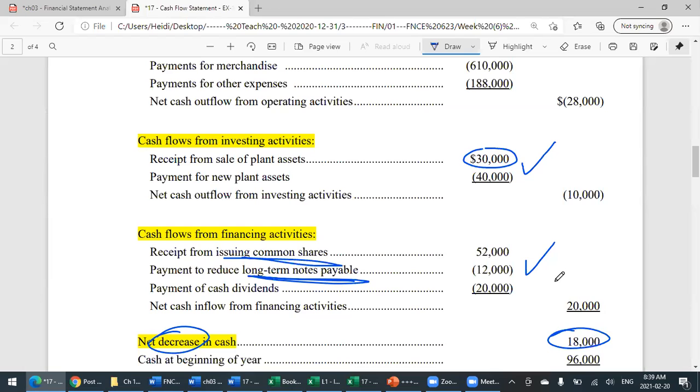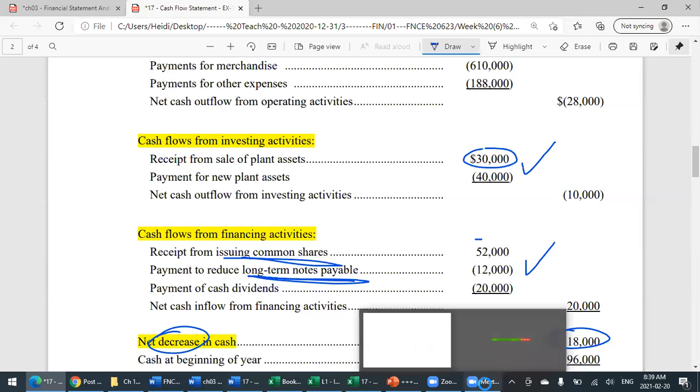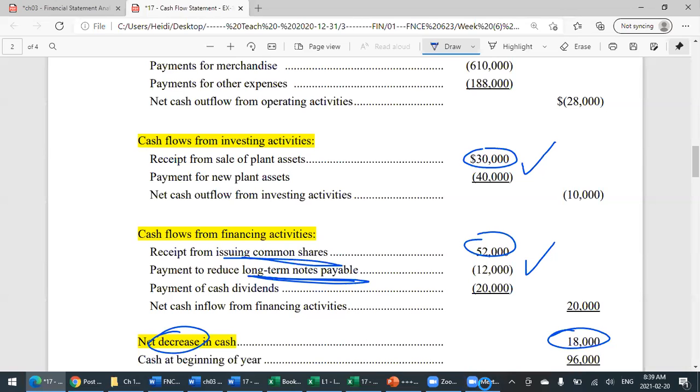Yes, question? Professor, the long-term notes payable are for more than 1 year, I guess. So we can expect another payment in the coming year. Yes, but you have a lot of common shares, right? That's why I said you can see the action.